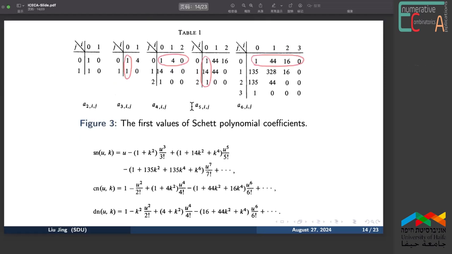See from the table, the coefficient of sn corresponds to the first column of all degree polynomial coefficients, and the cn corresponds to the first row of even degree polynomial coefficients. So these polynomials can be viewed as a generalization of Jacobi elliptic functions.